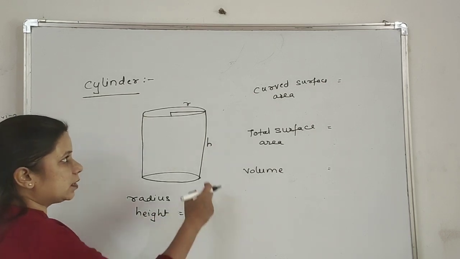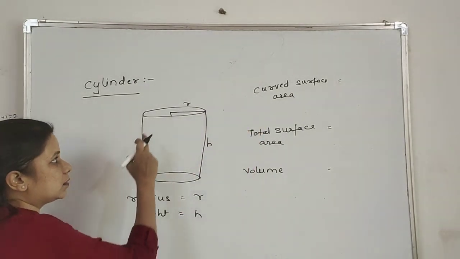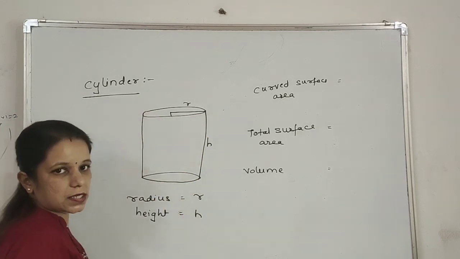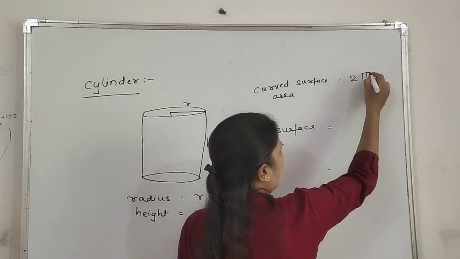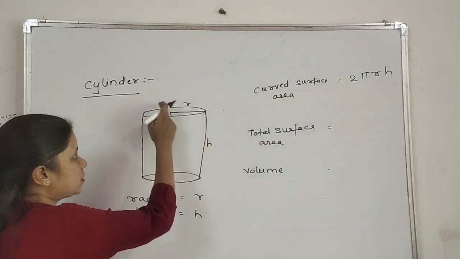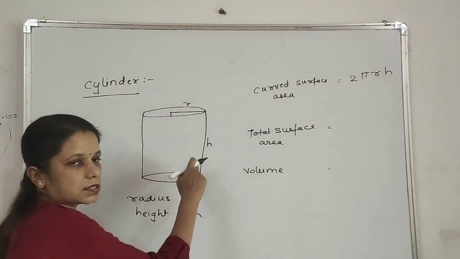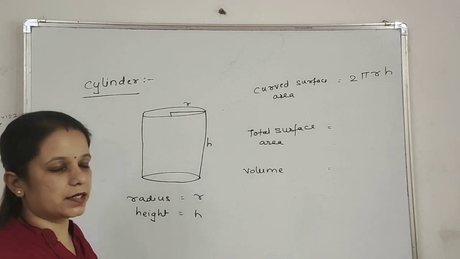Now for cylinder we have curved surface area. The area of this curved surface is given as 2 pi r h, because this is the circumference. So 2 pi r into this height will give you the curved surface area of the cylinder.